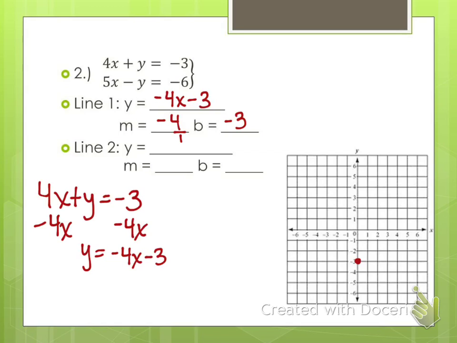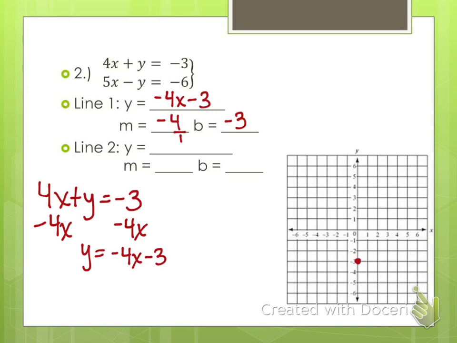The negative is given to either the 4 or the 1, but not both. So we can go what direction? Anybody? If we give the negative to the 4, which way are we going, up or down? Down. Down, and the 1 is positive, so that means we would go to the right.